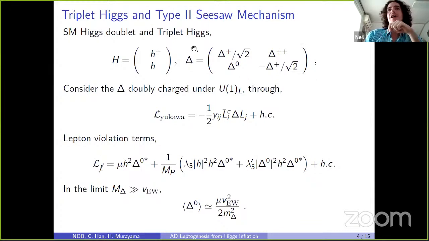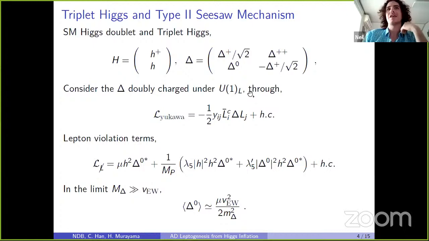Now, the important part for the seesaw mechanism here is the Yukawa coupling that can be written down between the lepton doublets and this triplet. And upon this triplet taking a VEV, you can generate the neutrino masses.